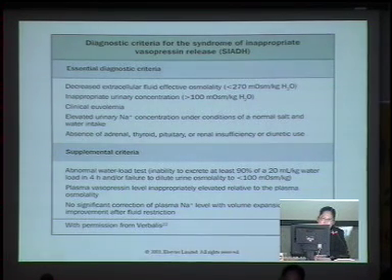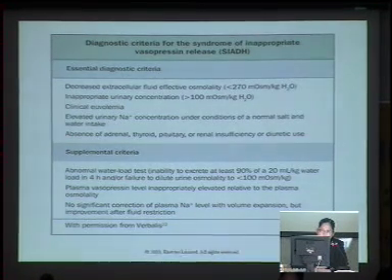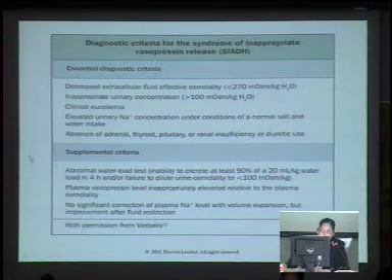So SIADH, how would you diagnose it? You have to exclude other causes like hypothyroidism and cortisol deficiency. You see the serum osmolarity is low and the urine osmolarity is inappropriately high, and you have to have normal volume status, okay?